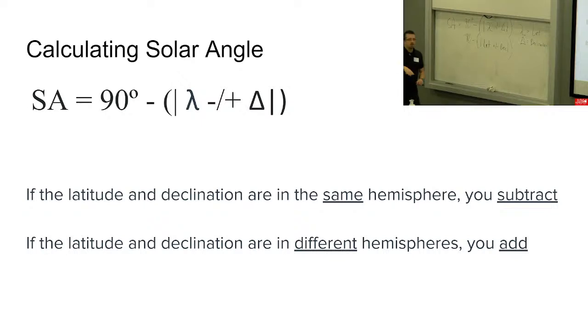So we've broken this down to be a little more digestible. Solar angle equals 90 minus the absolute value of latitude plus or minus declination.